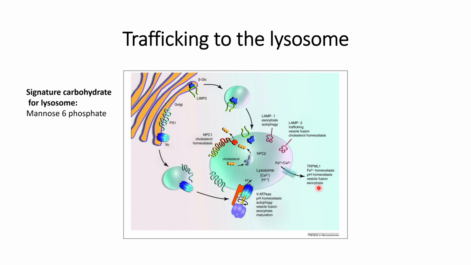And this V-ATPase also helps, along with TRPML1, with pH homeostasis, autophagy, vesicle fusion, exocytosis and maturation, some of which we have seen in the previous slide.